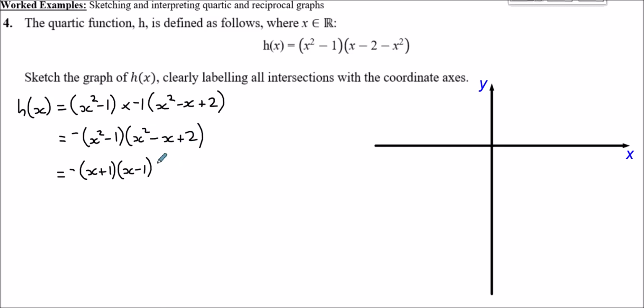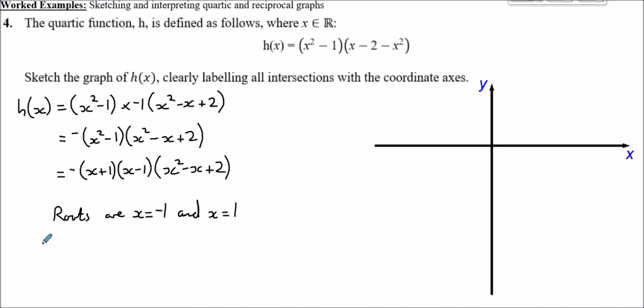And so this quartic only has 2 roots from this linear expression and this one. This x squared minus x plus 2 bit doesn't factorise, doesn't have any roots. And so all we actually have here is 2 roots at minus 1 and 1. So roots are x equals minus 1 and x equals 1.